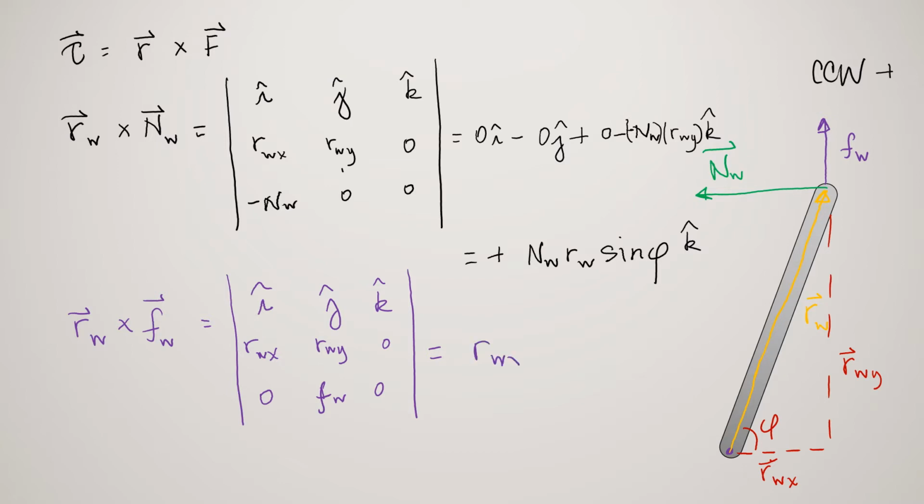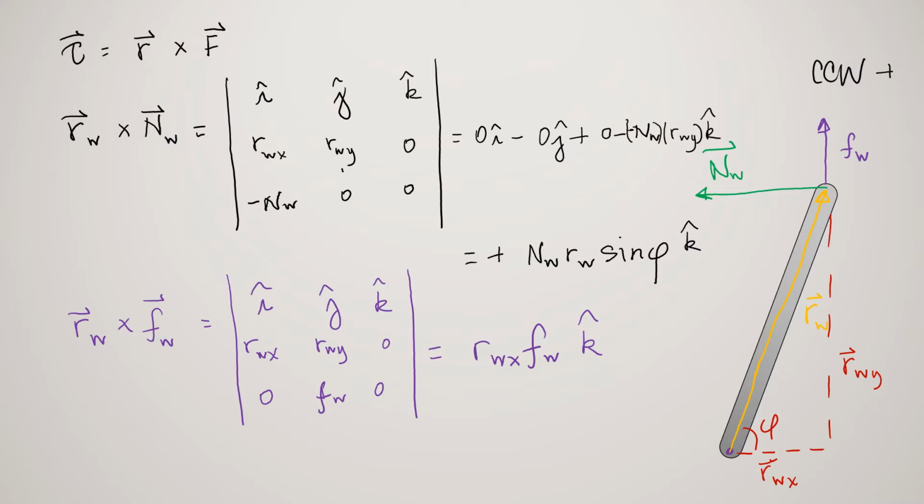And so that is RWX FW. That is positive, and it is k hat. So that's another counterclockwise torque, and sure enough, that's what it looks like would happen there. So I'm not surprised that this is positive.